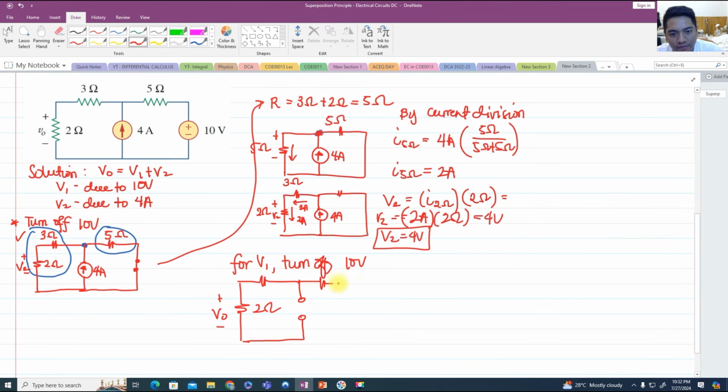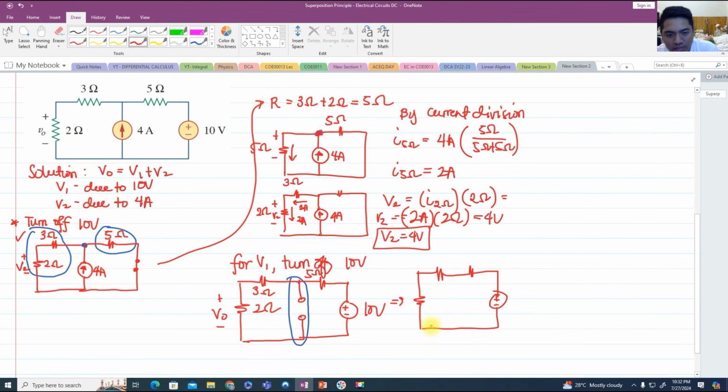Then you have 5 ohms here, and then you have 10 volts here. If this part is open, we have an open circuit here. So simply, we can rewrite this as this. So these are all in terms of series circuits.